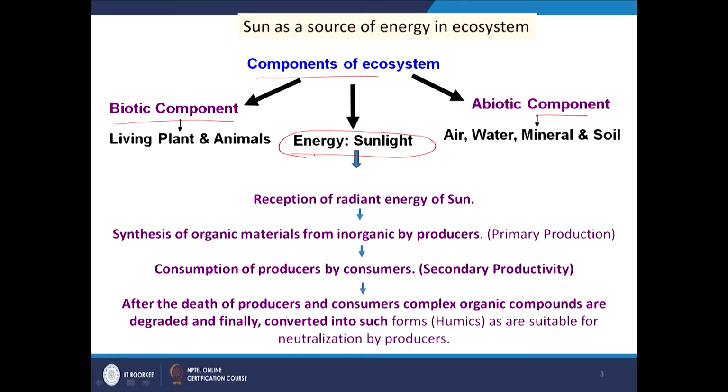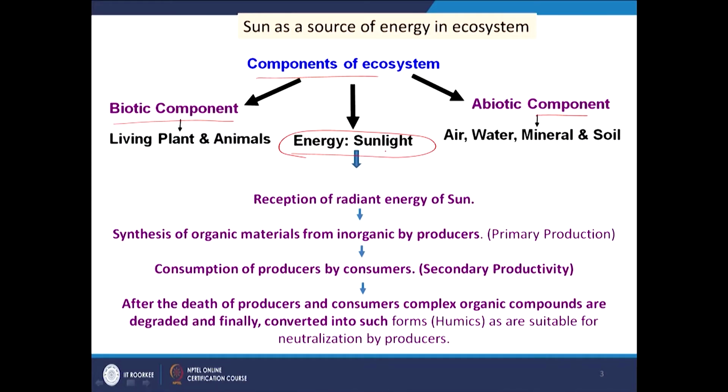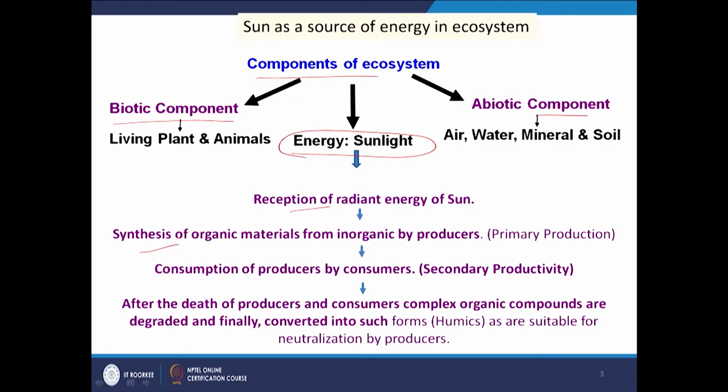This energy is a very important component for the ecosystem, and it comes from sunlight. The solar radiation is accepted by the plants and used for the conversion to organic compounds through photosynthesis, and that is the source of energy for the others, that is the producers, then consumers. So, if we see the primary, secondary and tertiary consumers, all living organisms are dependent on this energy stored in the food produced by the primary producers.